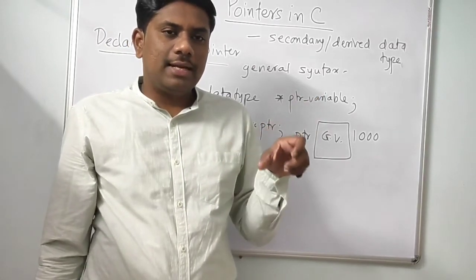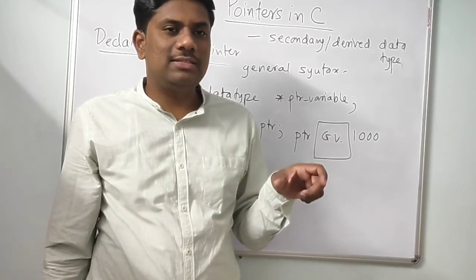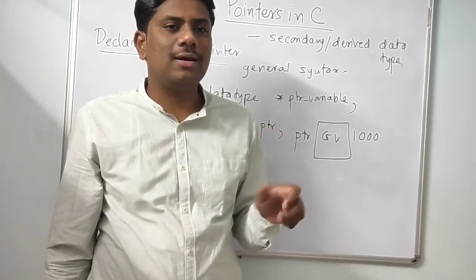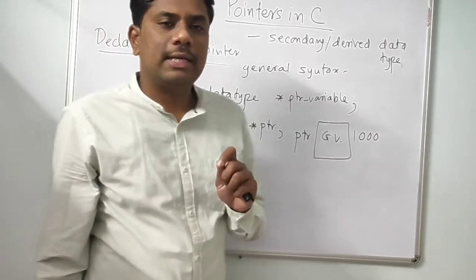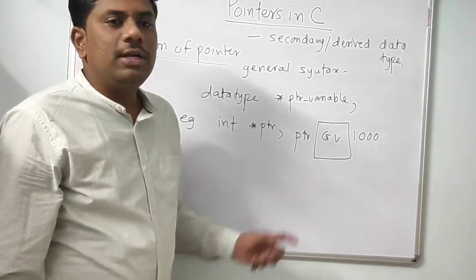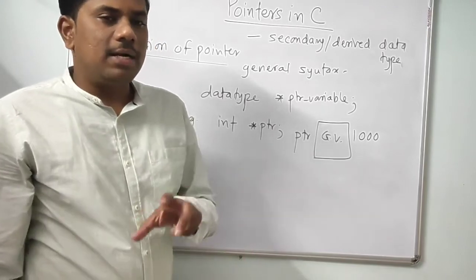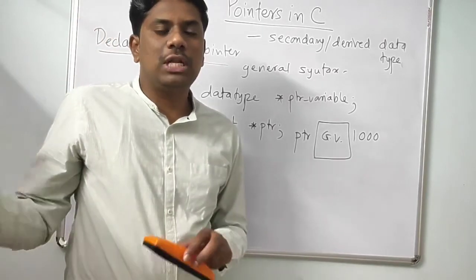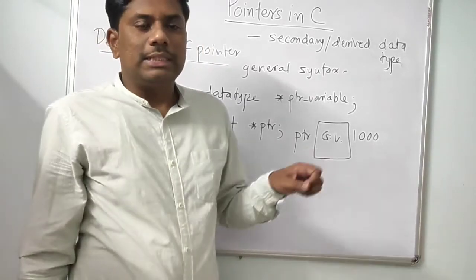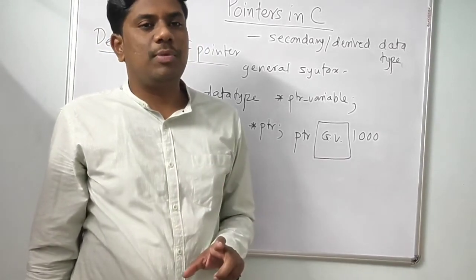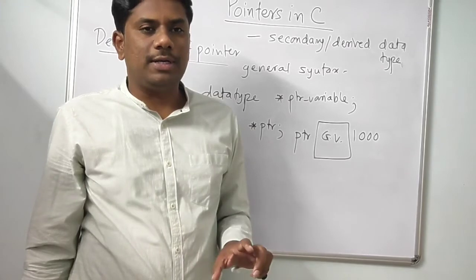If you selected any one model from these 3, tiny, small, or compact, in the TCC settings, then no matter which pointer type you are using, it will take 2 bytes. But if you select huge, large, or extra large model, then it will take 4 bytes of memory for all types of pointers.